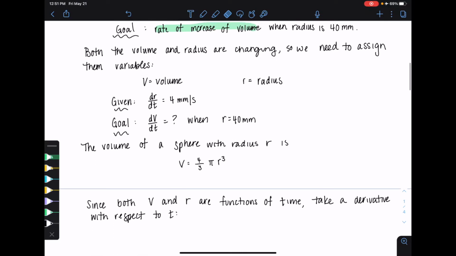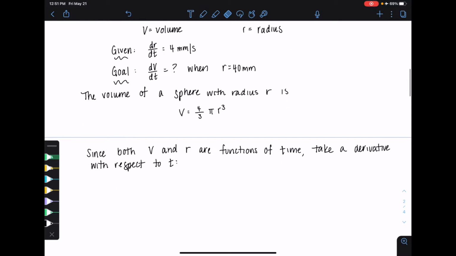Now, since both of these are functions of time, we're going to take a derivative with respect to time. So I've got my volume formula, and I want to take the derivative with respect to time. So on the left-hand side, I'm taking the derivative with respect to t. On the right-hand side, we're doing exactly the same thing.